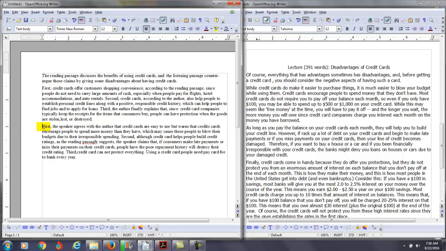First, the speaker agrees with the author that credit cards are easy to use, but warns that credit cards encourage people to spend more money than they have, which may cause these people to blow their budgets due to their irresponsible spending.